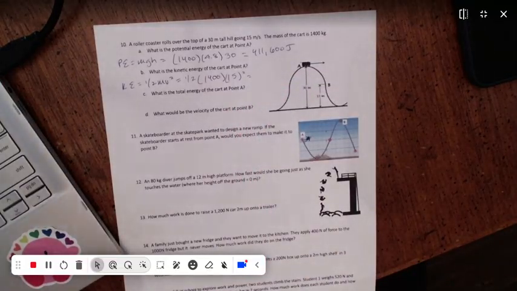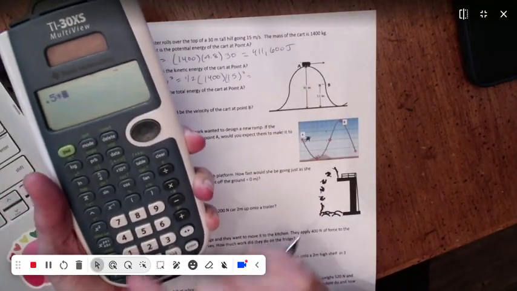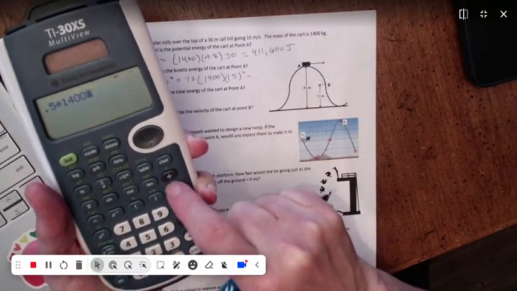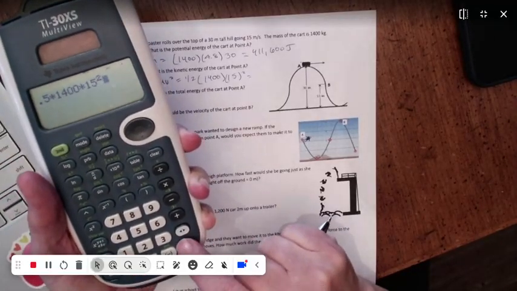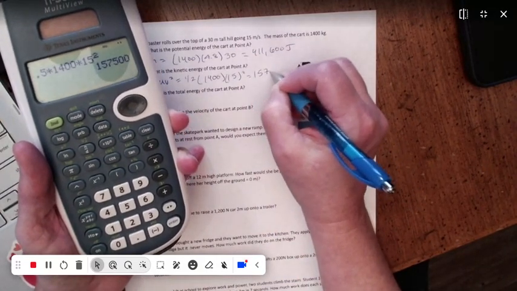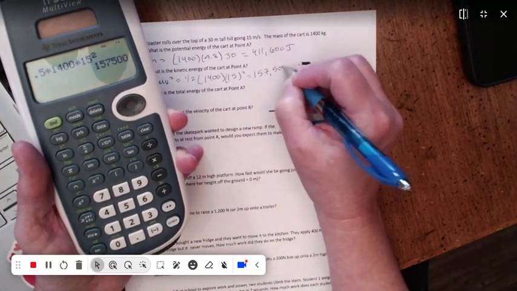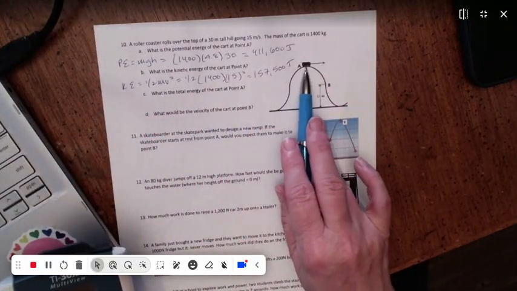So I'm going to have 0.5 times 1400 times 15 squared, which gives me another big number, 157,500 joules.